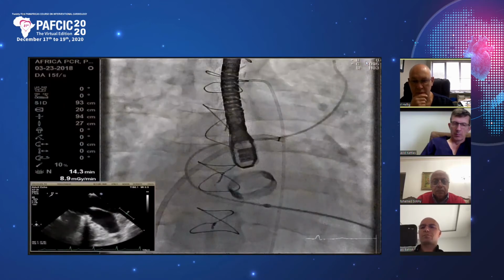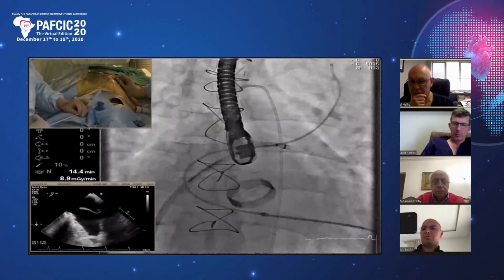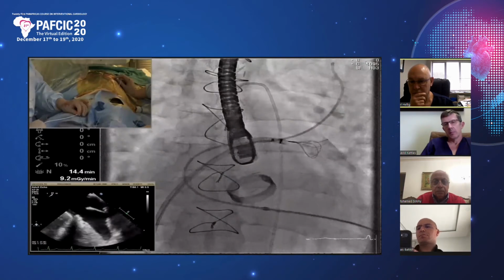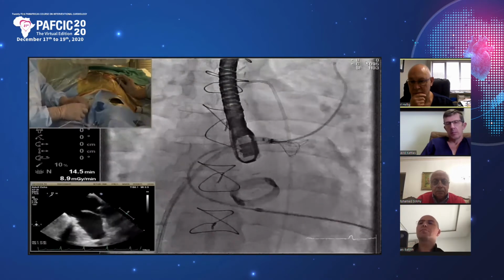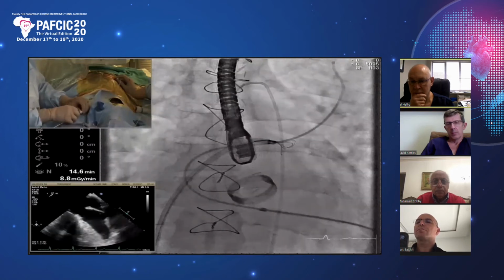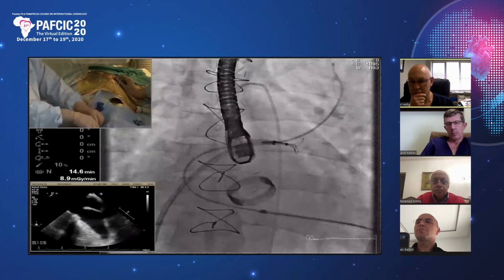Okay, so I'll ask Ralph to push out the snare. We just try and turn this catheter to point up towards the other. Yeah, so it's going to be a bit tricky to pull this back too much, but let's see. Let's take the Terumo.